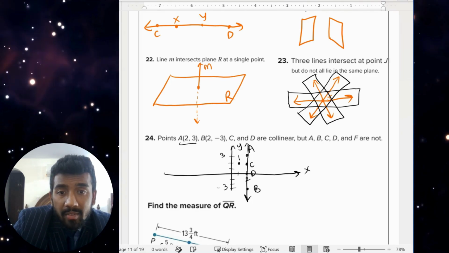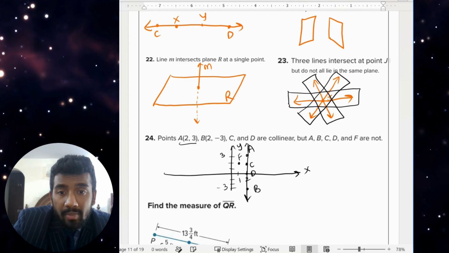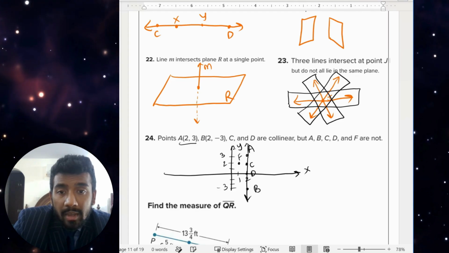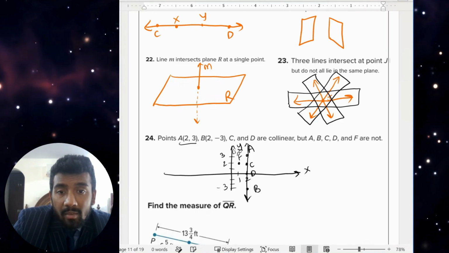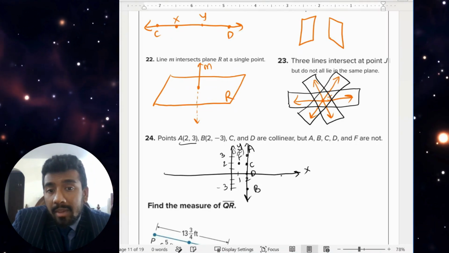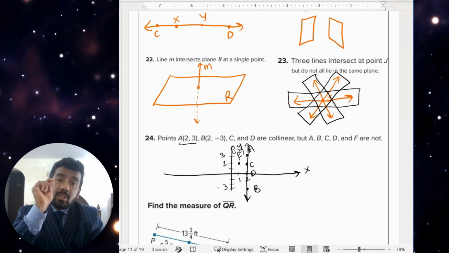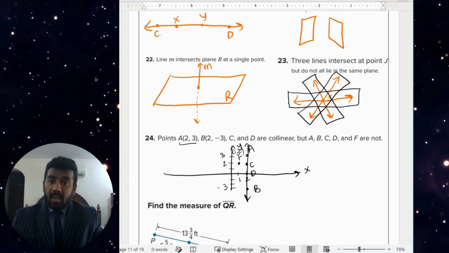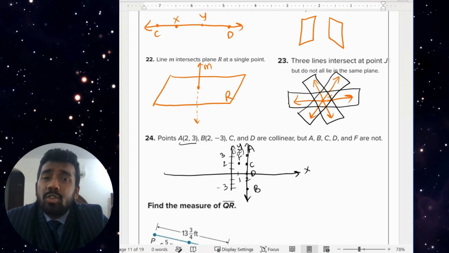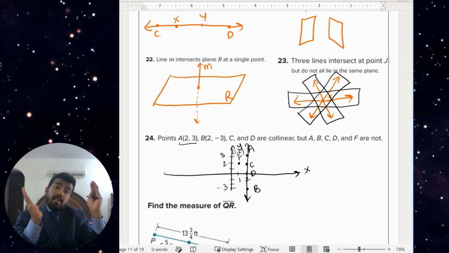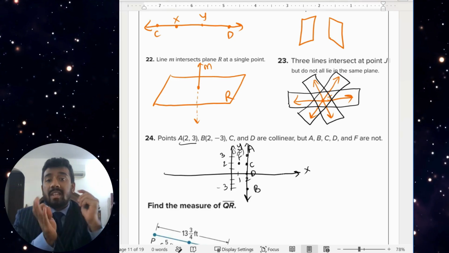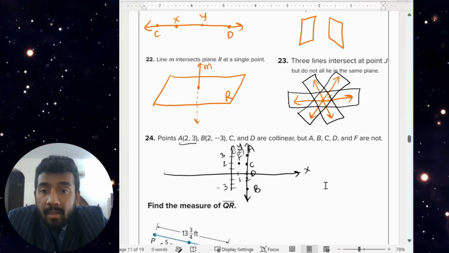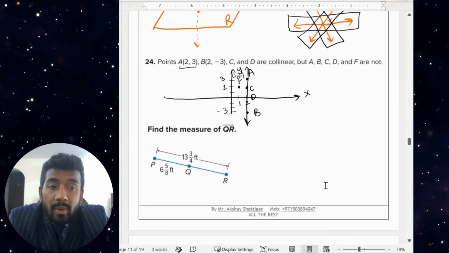It can be anywhere, here or here, until and unless it's not on that line. That's how you show that they are not collinear, because only F is creating the problem. So that's how you do it.